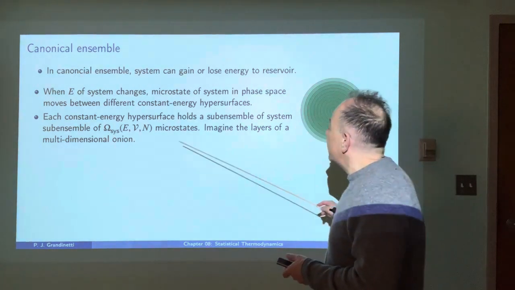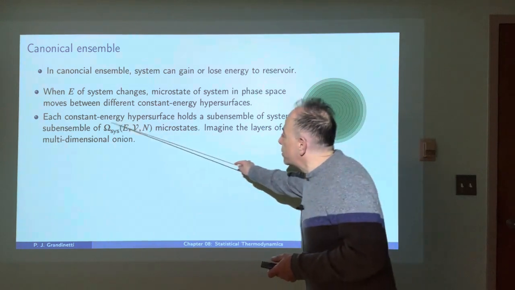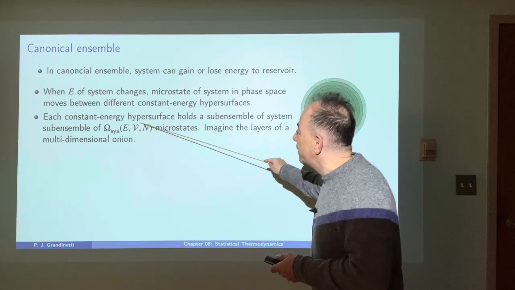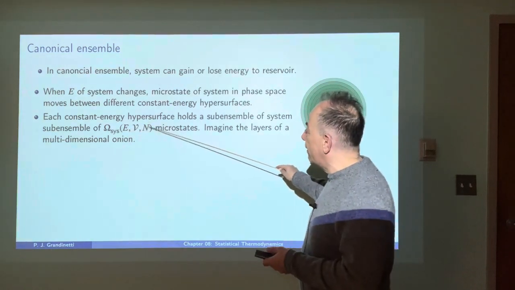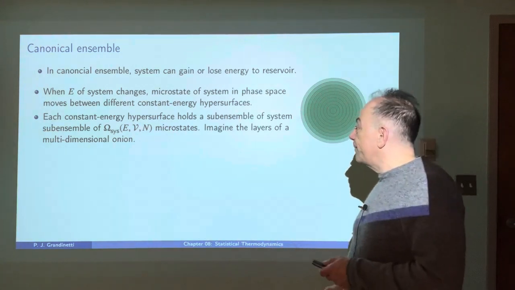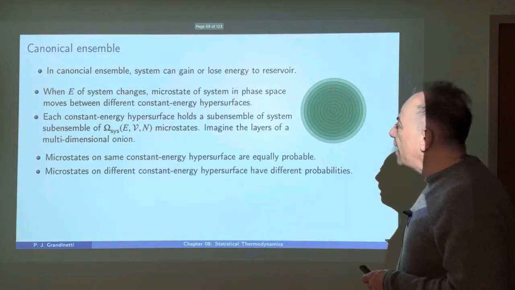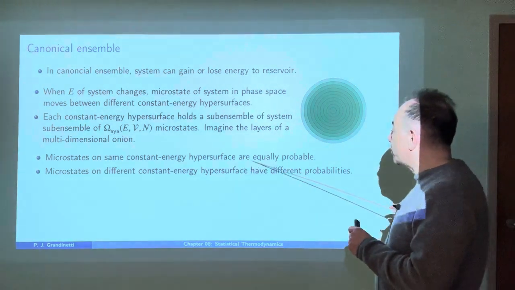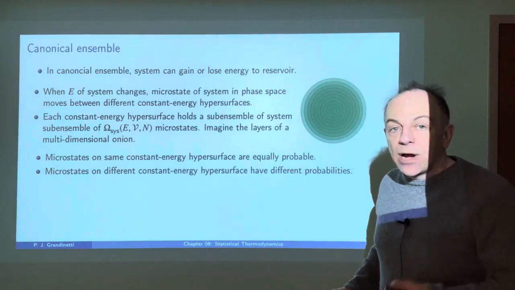Now, each layer then will have some subensemble of microstates, which is counted, just as we did in the previous video, knowing E, V, and N for the system. Now, the microstates that are on the same constant energy hypersurface are all going to be equally probable.